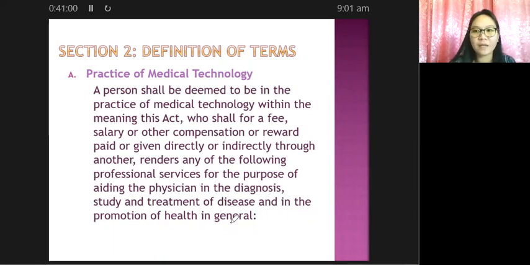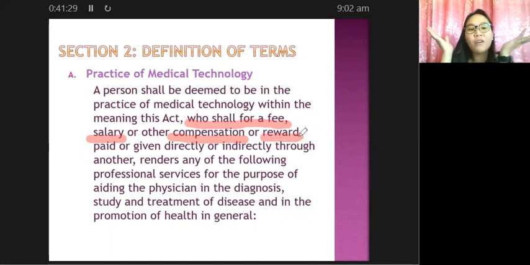What are the things that we have to be concerned about when it comes to this particular term? It says there, who shall, for a fee. You have to have a fee. You have to be given a salary or other compensation or reward. When we say a fee or salary, of course that pertains to monetary.